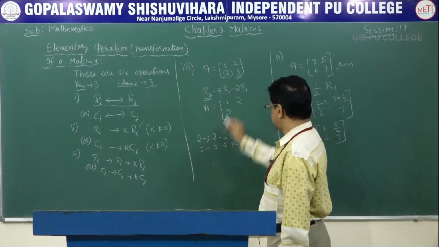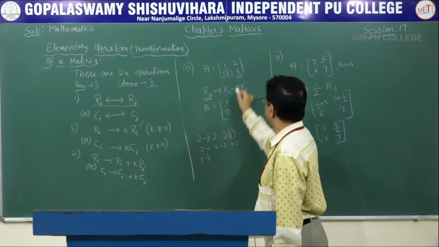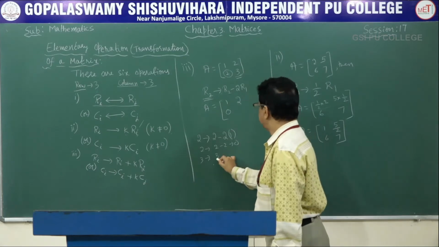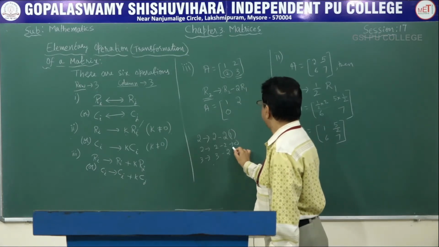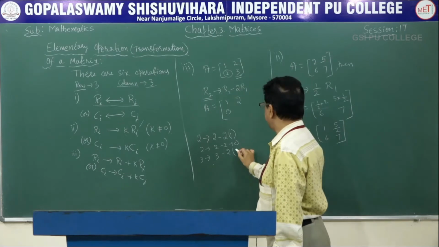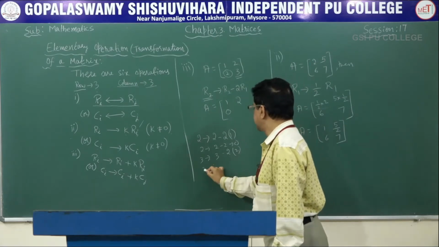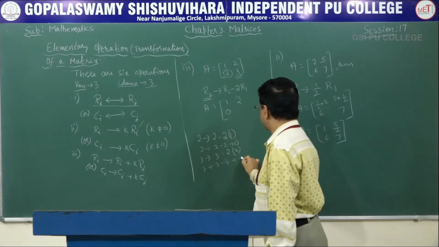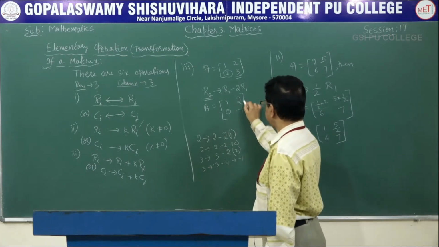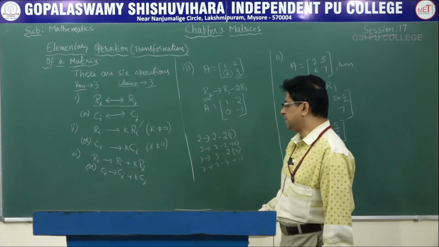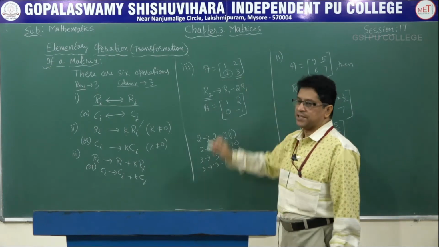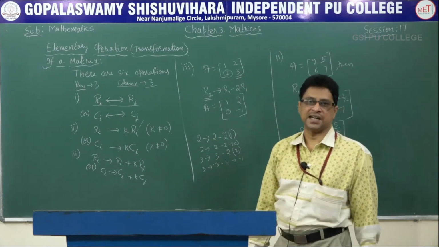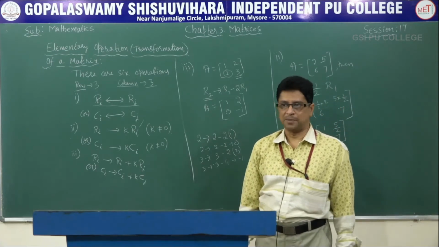Similarly, the element 3 is nothing but 3 minus 2 into R1. R1 element is 2. That is, 3 can be replaced by 3 minus 4, that is nothing but minus 1. So we can use the third operation whenever it is necessary while doing the problems.